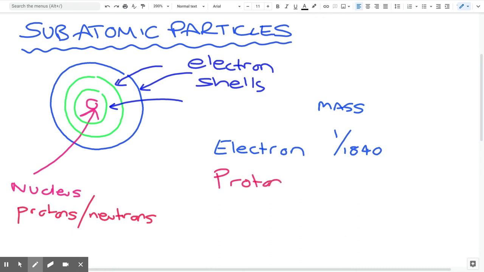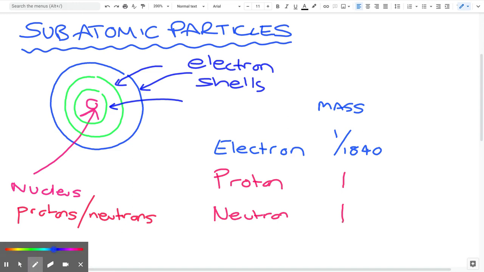The mass of the proton is regarded as a unit mass, 1. There is an absolute mass in kilograms, but for now we don't need to worry about that. So we take the relative mass of the proton to be 1, and coincidentally, the mass of the neutron is approximately the same and is also approximated to 1.